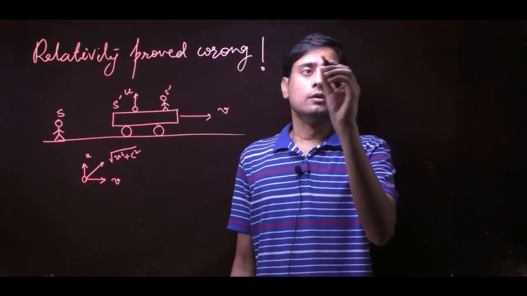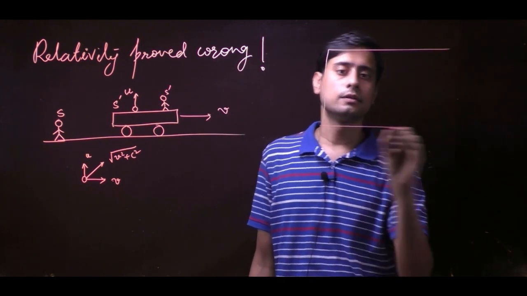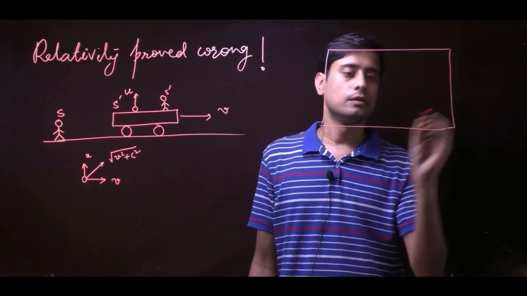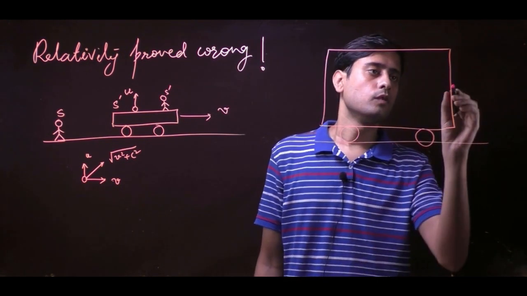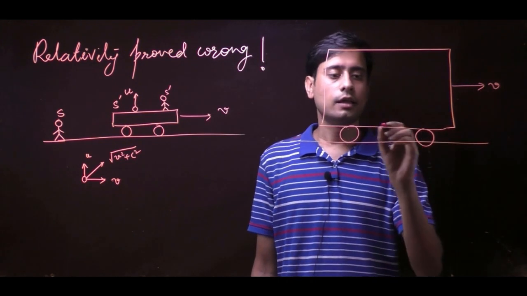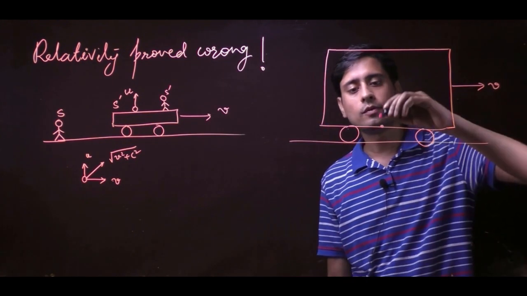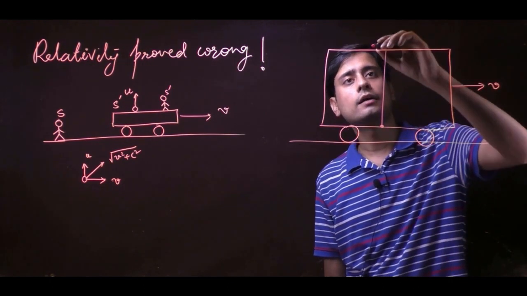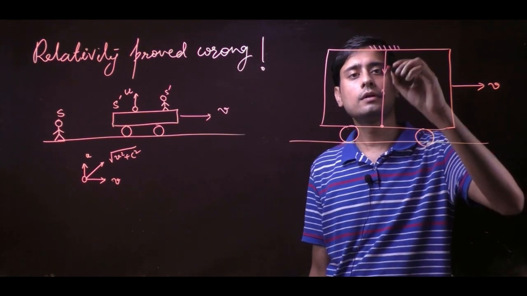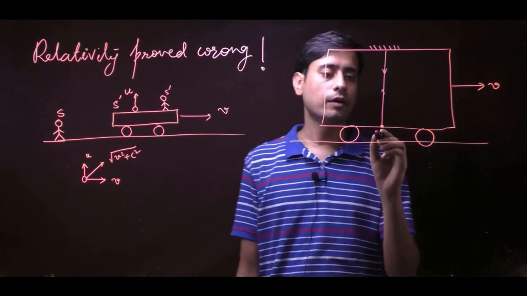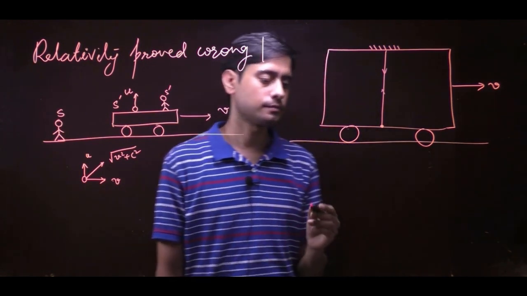In the last lecture you saw that there was a train moving with speed v, and inside the train there is a source of light which reflects back with the help of a mirror. It goes up and down. We will draw a diagram here.